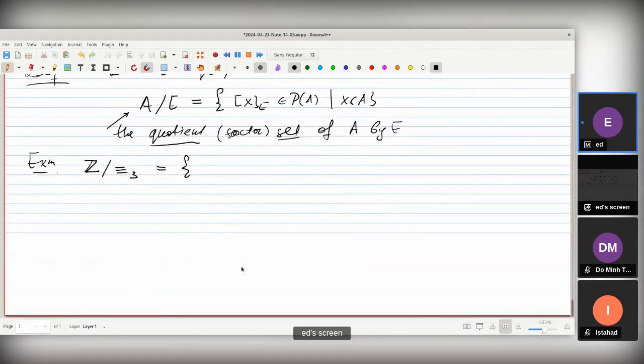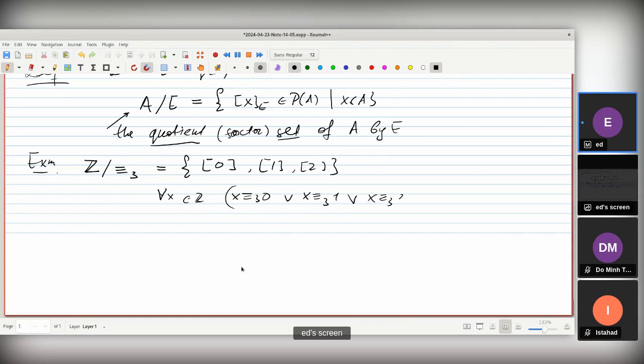We will have equivalence classes of 0, of 1, and of 2. Why no more? Because for every integer, this integer is congruent to either 0, or 1, or 2, because there are just three distinct remainders modulus 3: 0, 1, and 2. So we have just three classes.